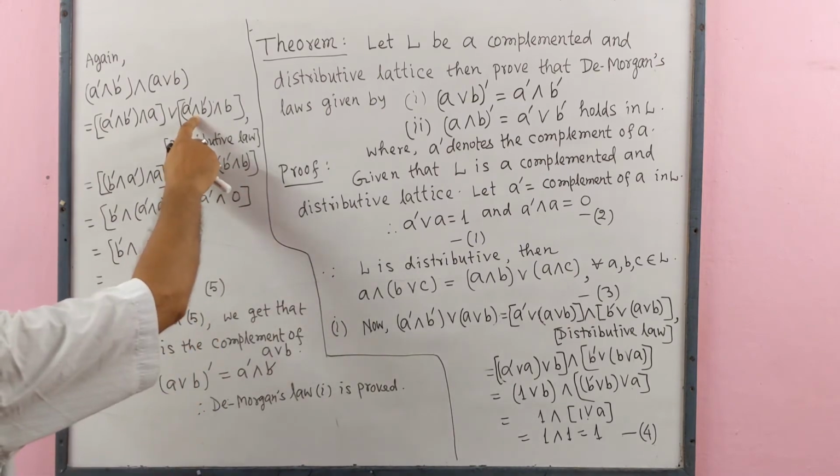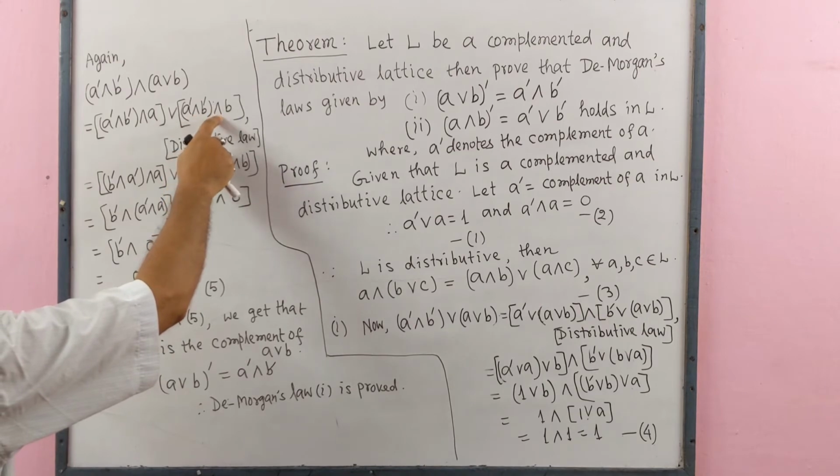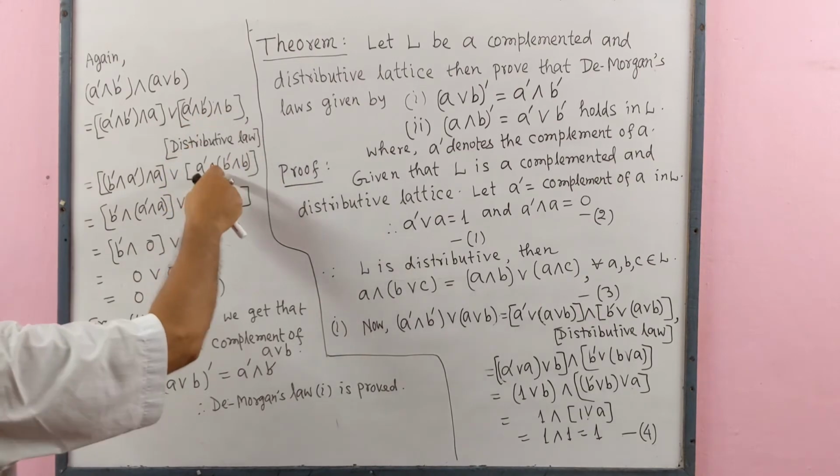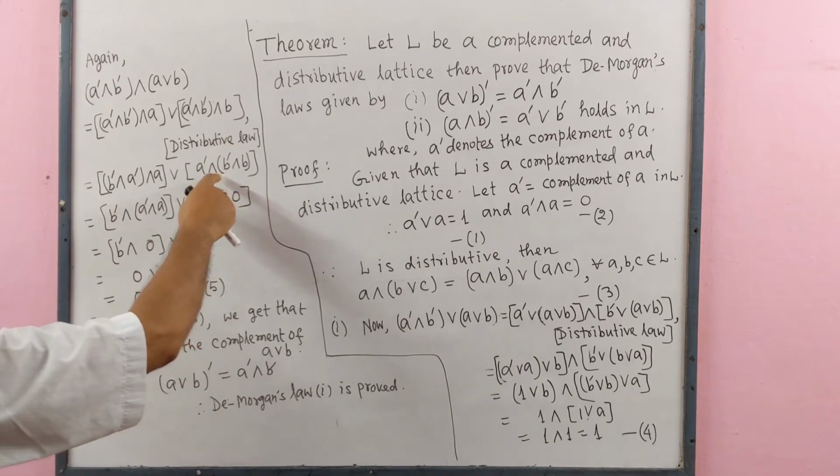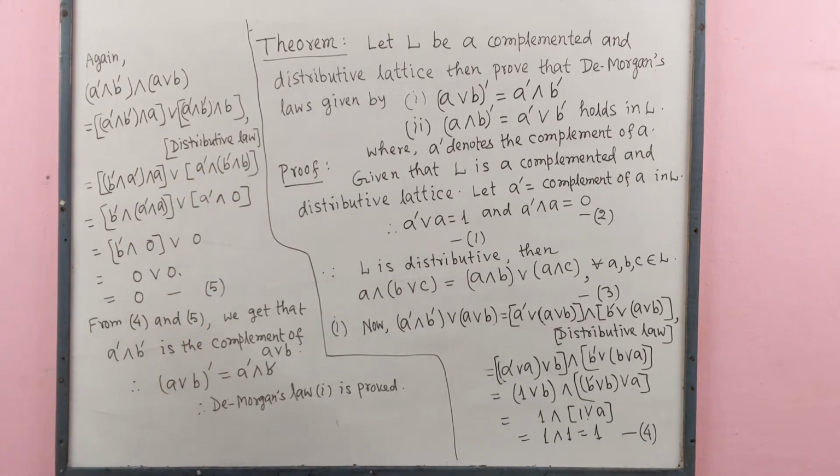As here we see the same operation meet, we have used the associative law. Now here we use the associative law, as here meet and here also meet. So B prime (A prime meet A).